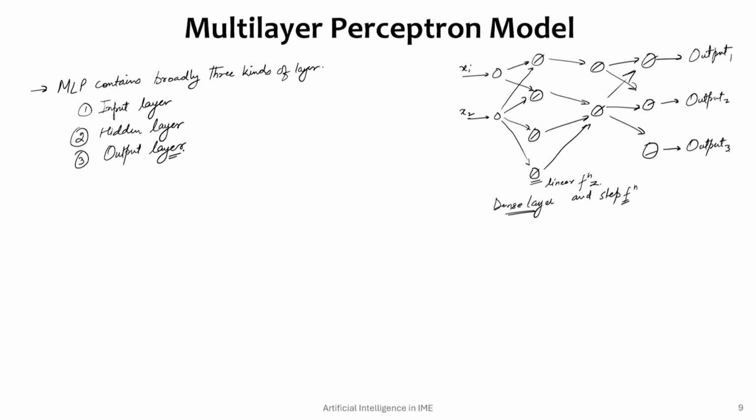Layer here means a series of neurons, like this one. This series of neurons will create a single layer. Okay, this is another layer and this is the last layer.